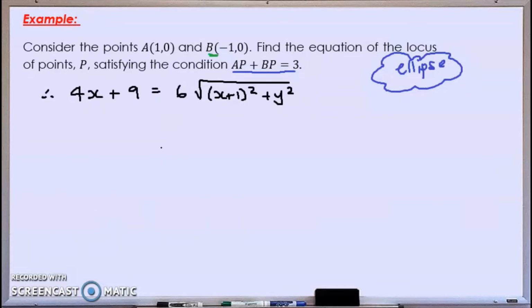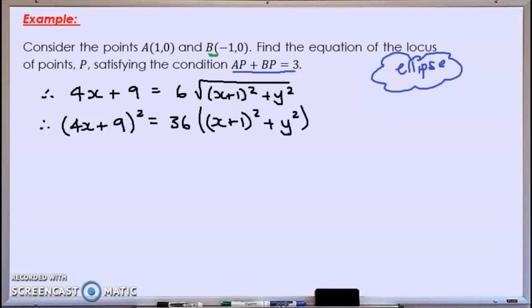And remember, I did tell you this was going to be a journey into algebra. Let's go for it. Squaring both sides, I get 4x plus 9 all squared equals 36 outside of x plus 1 squared plus y squared.